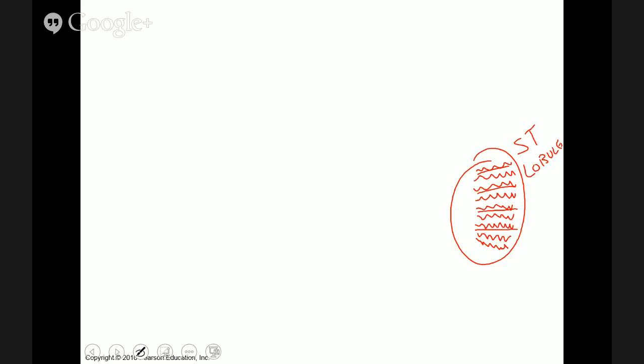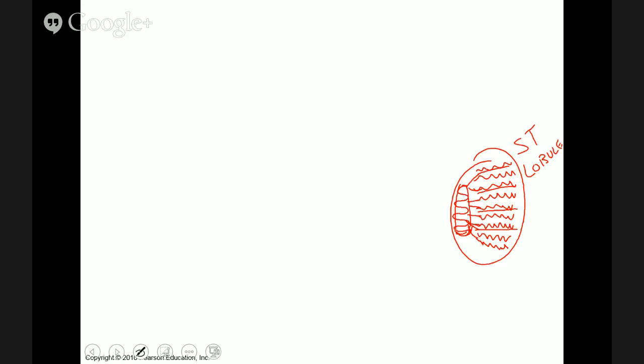Yeah, the straight tubule. We have these straight tubules, which then lead to what? The rete testis.